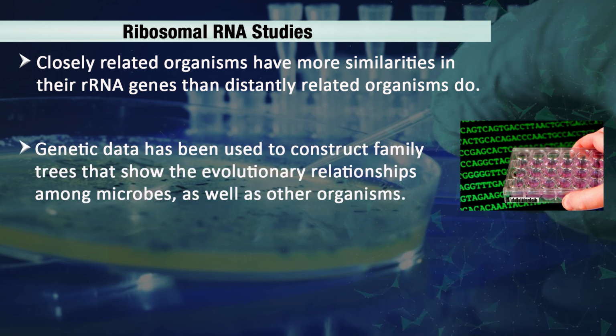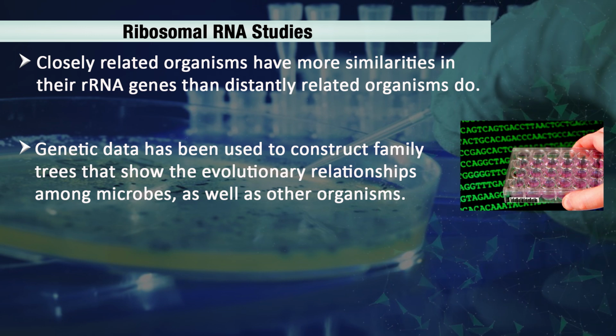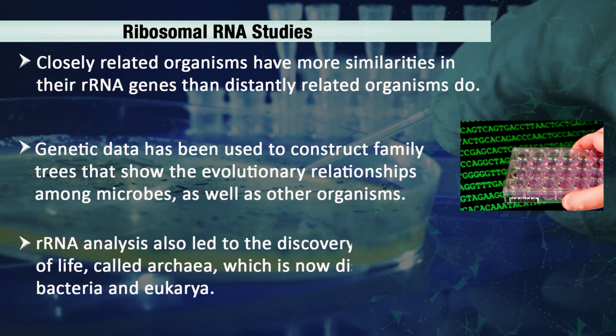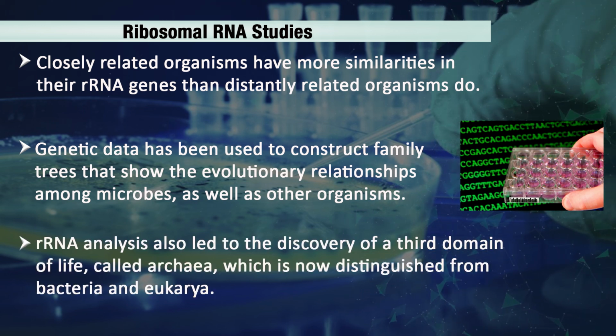Genetic data has been used to construct family trees that show the evolutionary relationship among microbes as well as other organisms. rRNA analysis also led to the discovery of a third domain of life called archaea, which is now completely distinguished from bacteria and eukarya.